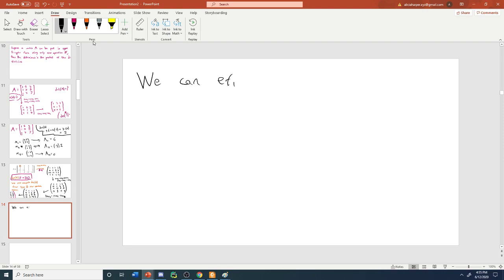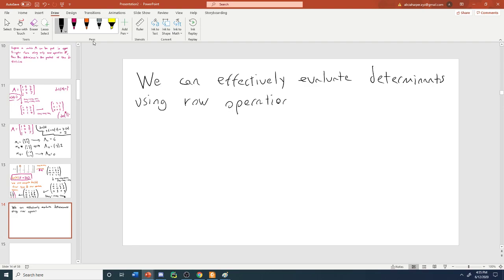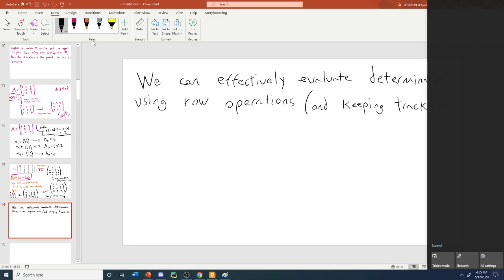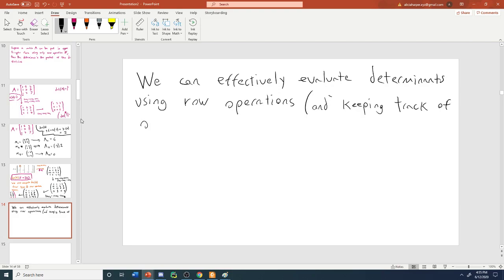We can effectively evaluate determinants using row operations, and keeping track of any operations that alter the determinant.